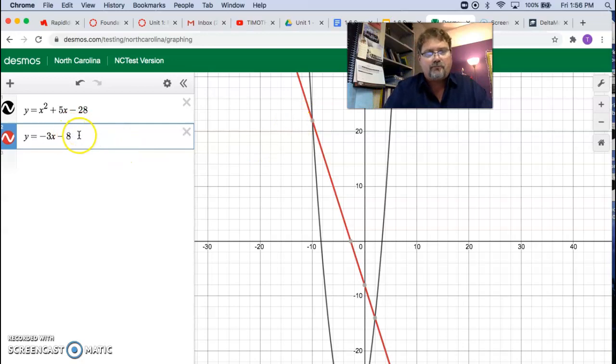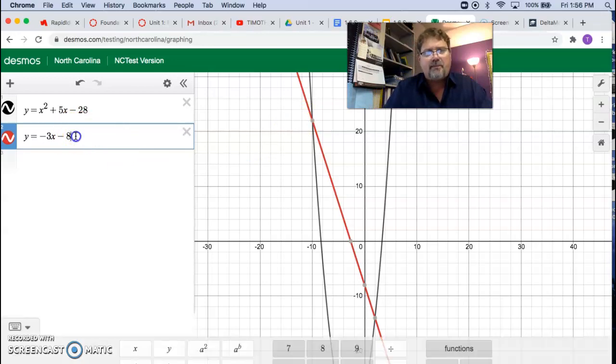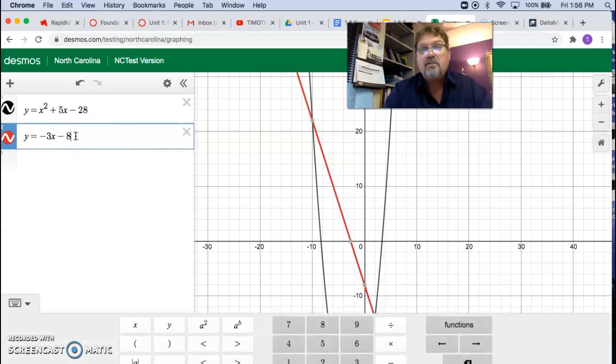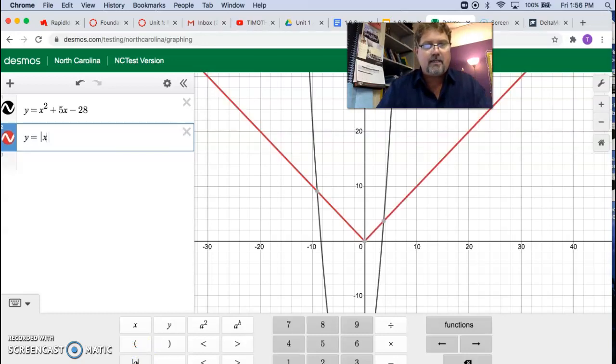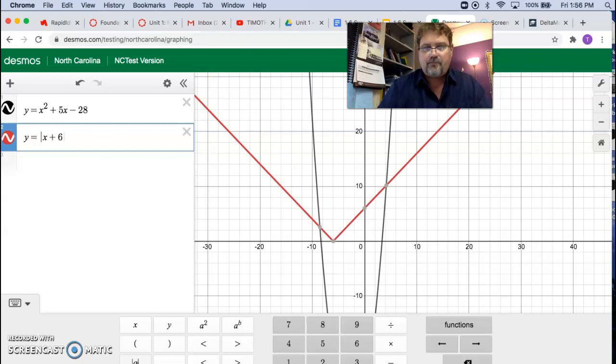Before you go, I want to talk about another type that can happen, and I would solve it directly in Desmos. What if we had that quadratic and we also had an absolute value? Maybe it's an absolute value function or equation here. It says x plus 6, right?